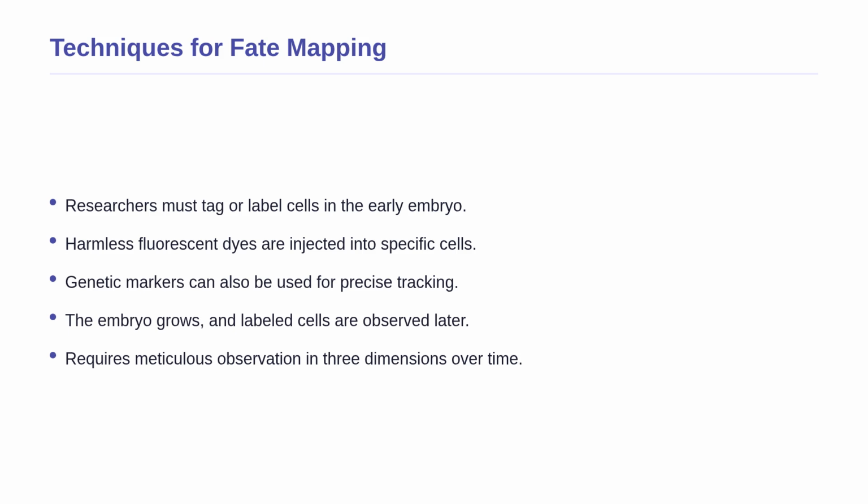For example, if a researcher injects a dye into a specific cell on the top of a frog embryo and later finds that dye only in the frog's brain, they can map that original spot as the presumptive brain region. This process requires meticulous observation and tracking over time, often mapping the embryo in 3 dimensions.